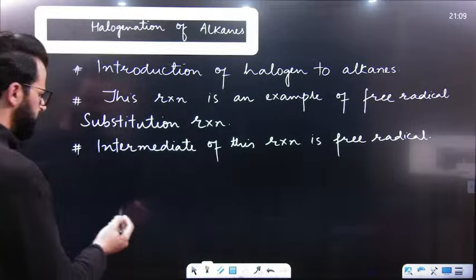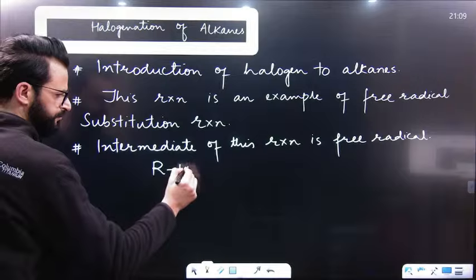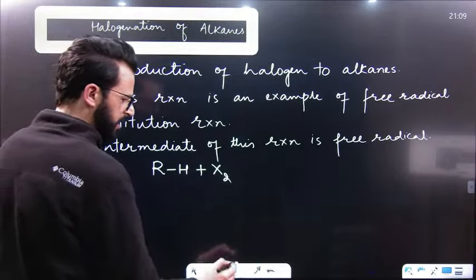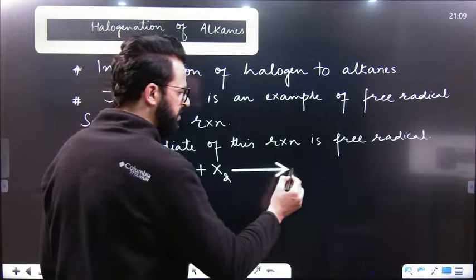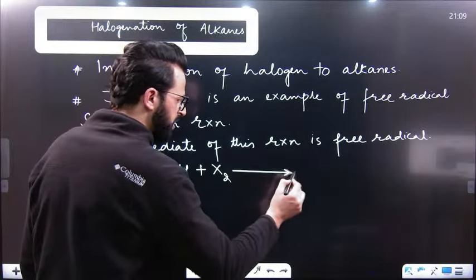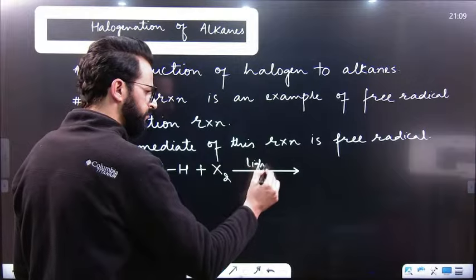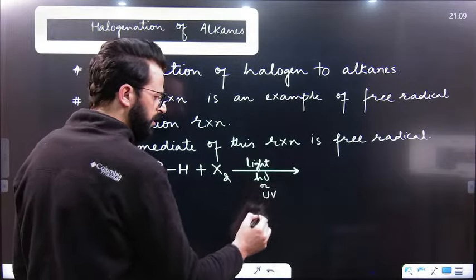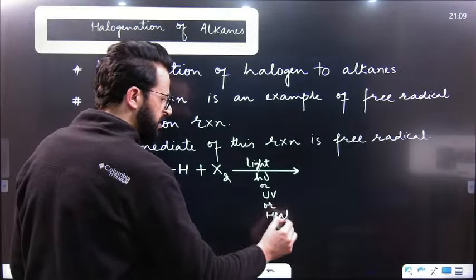After that, remember, when we treat an alkane with halogen, this reaction takes place in either light, which can be written as hv or UV, or heat.